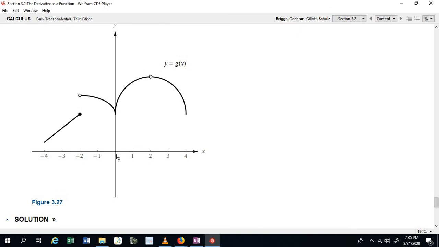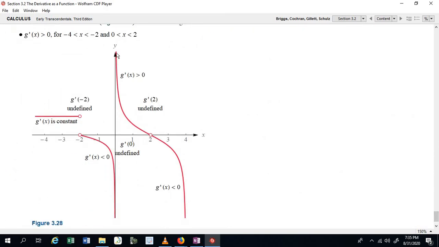Okay, now the values between 0 and 2, you can see the slopes are positive, and they start off being very positive, and then they become less and less positive until eventually they start to approach 0. Okay, and so you can see that's represented by this graph here. The slope of the tangent line is very positive, and it becomes less and less positive, and eventually it starts to head towards 0.